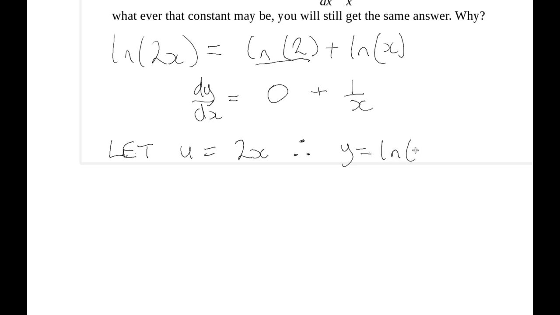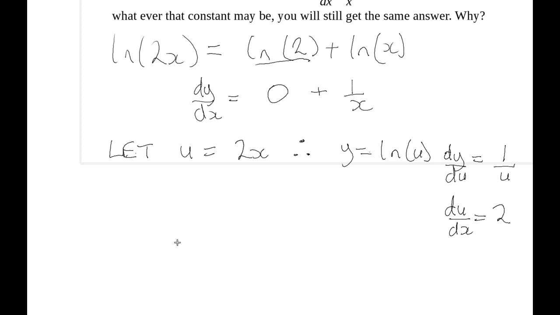Now the derivative of that, I'm not going into the chain rule now, of course. I've done another video on that if you're not sure what it is, but you need to know how to do it. It's very useful in finding derivatives. Anyway, dy over du gives us simply 1 over u, as expected, and du over dx simply gives us 2.